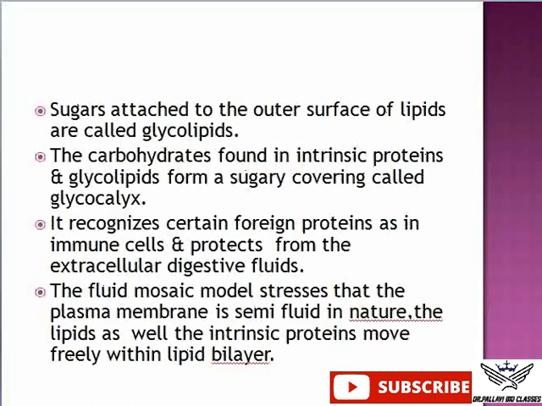So this is the very important point about the fluid mosaic model, and I think you understand the difference between the first model, that is the sandwich model, and the fluid mosaic model. These are the two important models of the plasma membrane.